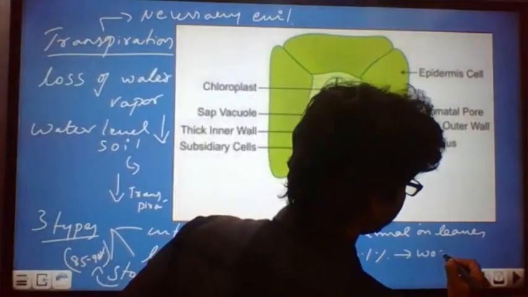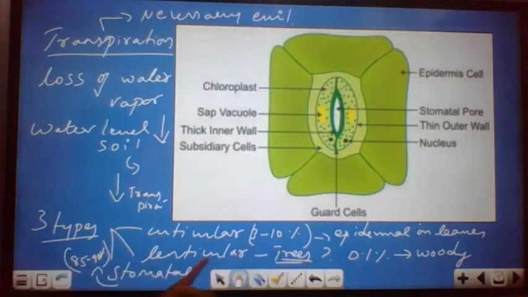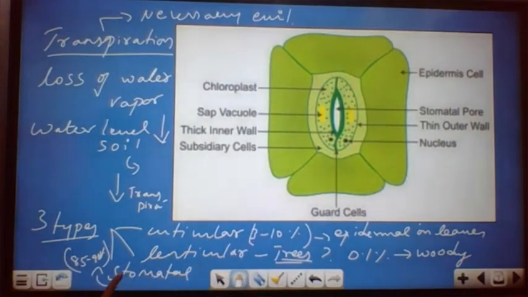Usually it occurs in woody plants and old trees. Only a very small percentage of transpiration takes place there, but the majority takes place through the stomata, which is stomatal transpiration.